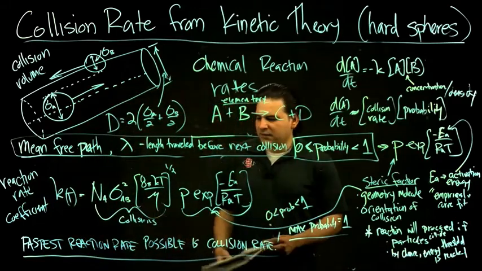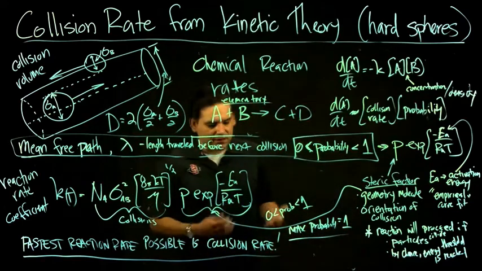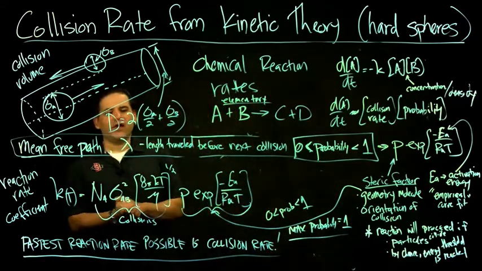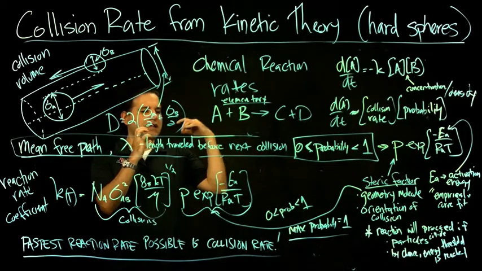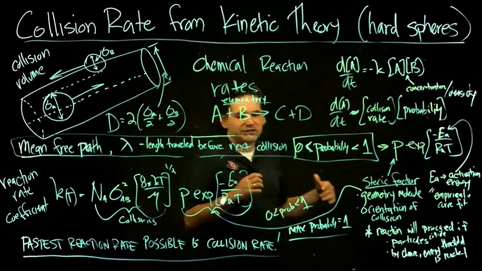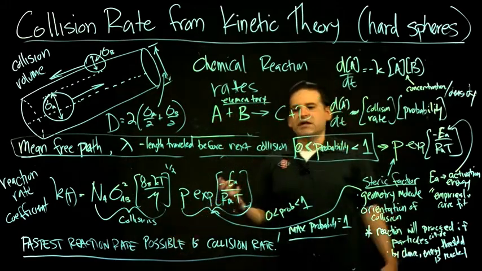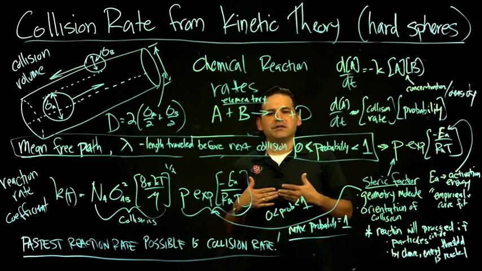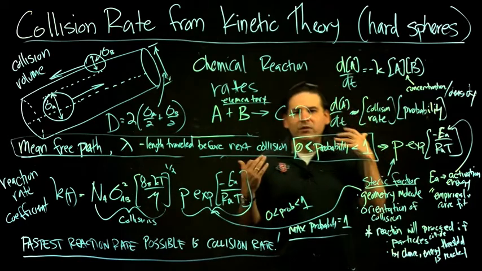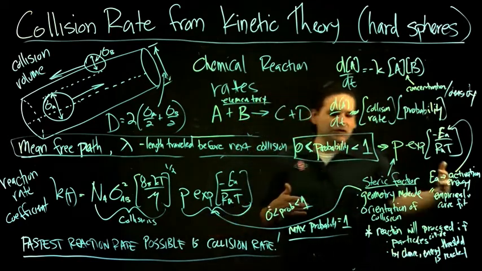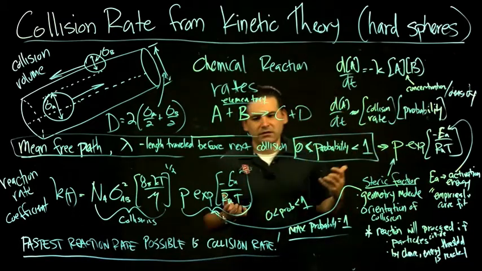We talked a lot about how people might be scared of chemistry, which is scary. But if you want to know the fastest possible reaction rate for two given reactants, it cannot possibly react faster than the rate at which they can see each other. Because that's the first thing that needs to happen. They need to collide with each other first. Then, even if they do collide, they may not react because there's some energy threshold you have to meet, and it depends on the orientation that you approach each other.